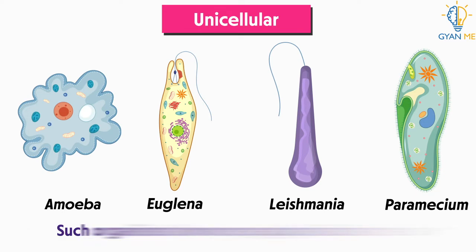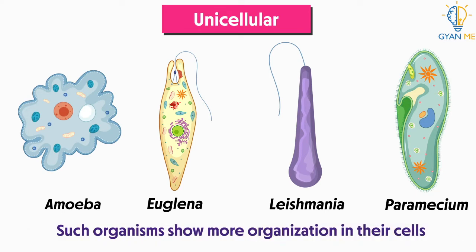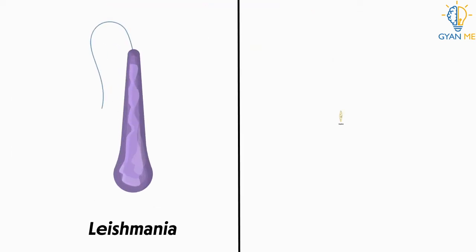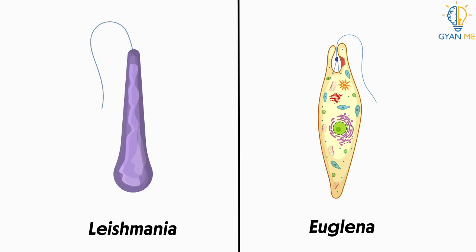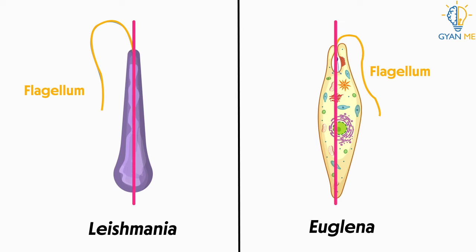It is because such organisms show more organization in their cells. Say for example Leishmania or Euglena, as you can see, have a whip-like or thread-like structure at one end of the cell. This thread-like structure is the flagellum. And now because of this organization, fission can happen only along this plane.